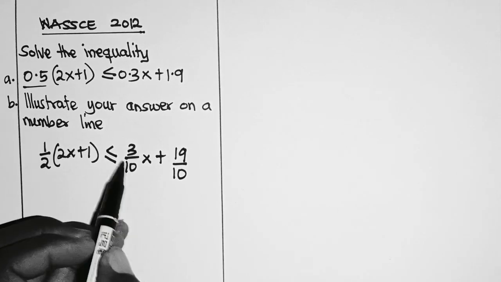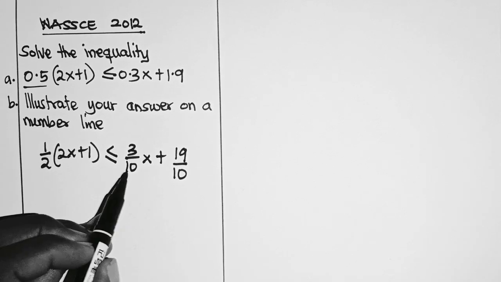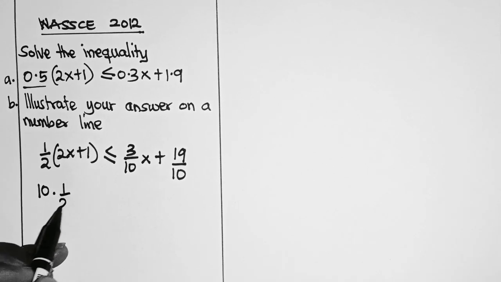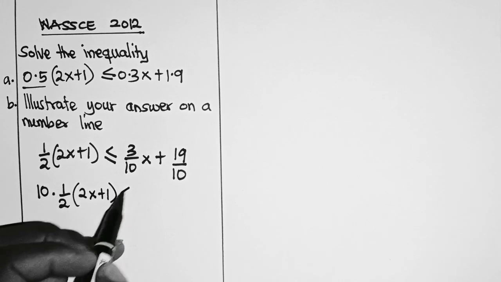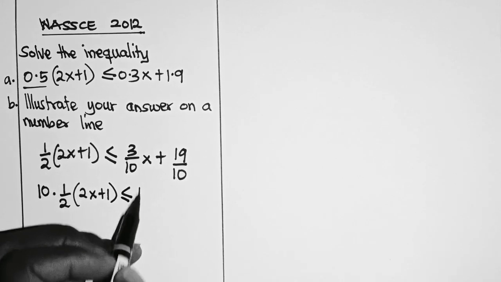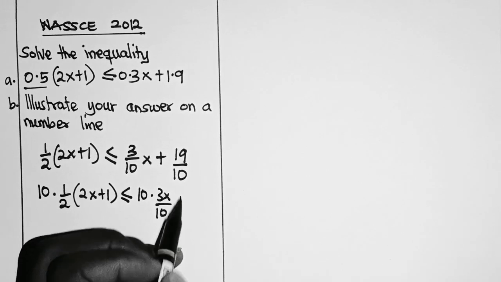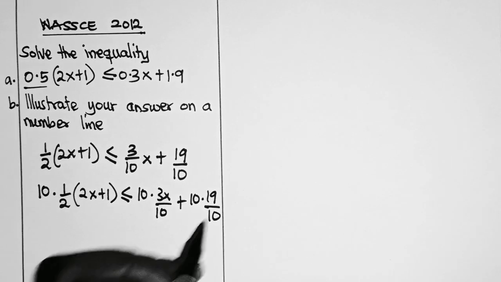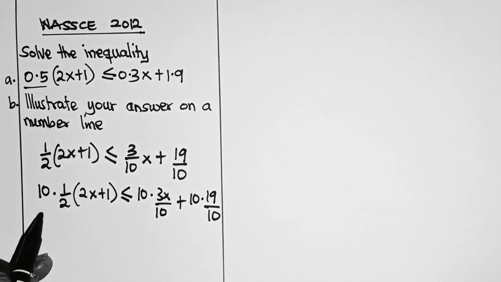So we have 2 and we have 10. The LCM of 2 and 10 is 10. So let's multiply through by 10. So here becomes 10 times 1 divided by 2 times (2x plus 1) less than or equal to 10 times 3x divided by 10 plus 10 times 19 divided by 10. So 10 divided by 2 is 5.